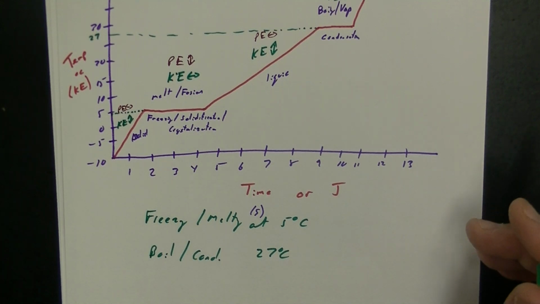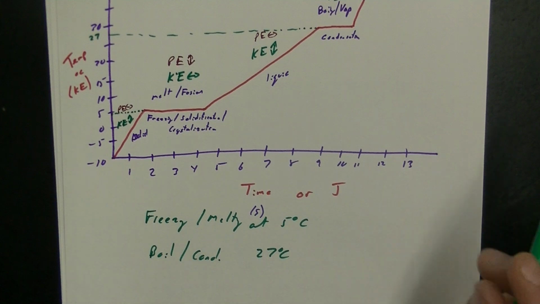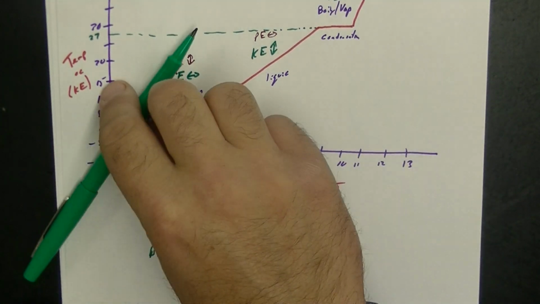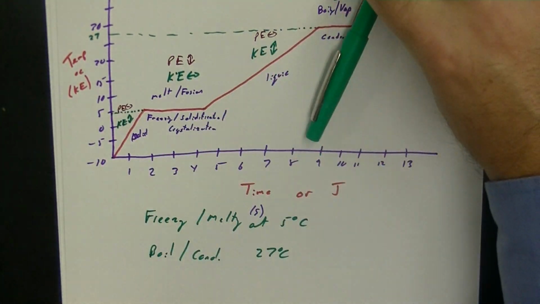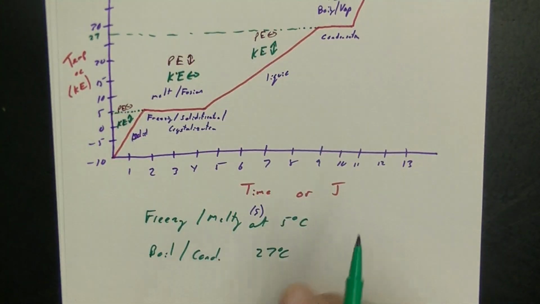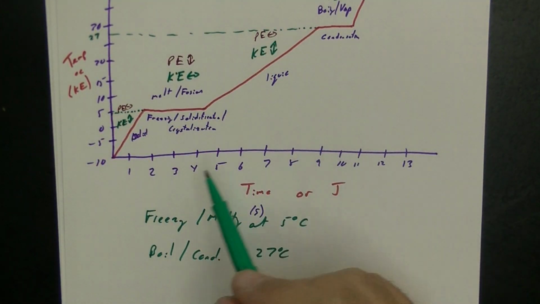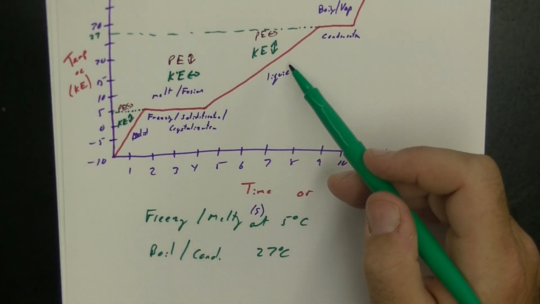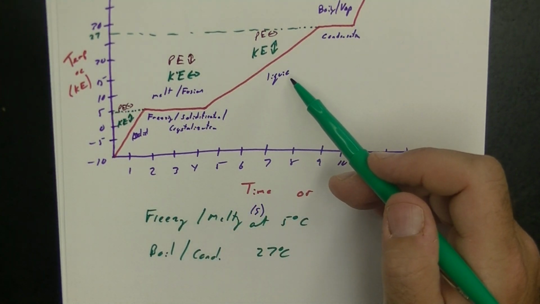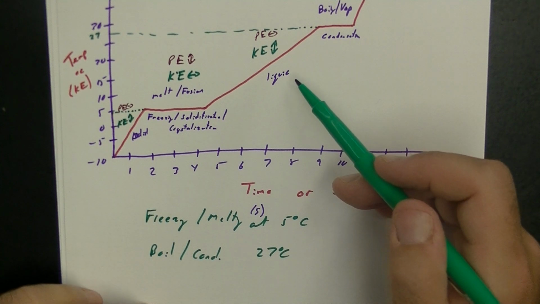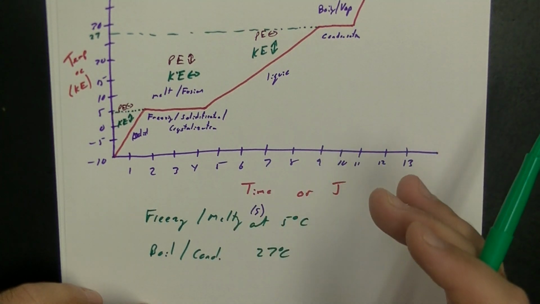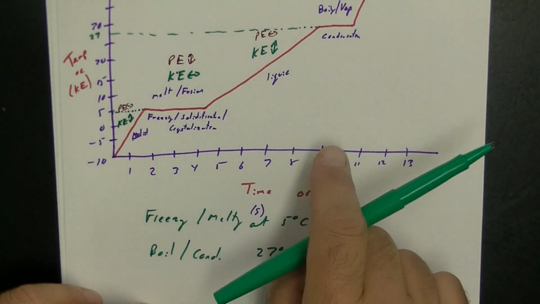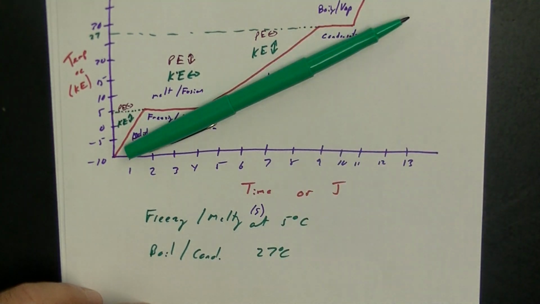All right, so what other things can we get here? The slopes of these lines mean something. The slopes are telling us how easy or how hard the substance is to heat up and cool down. If it takes a lot of energy to heat it up or cool down, it's going to have a shallow slant.